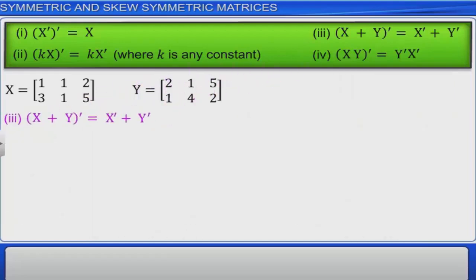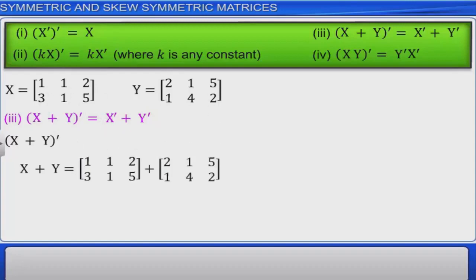The third property states that the transpose of the sum of two matrices is equal to the sum of the transpose of matrices. First, we will find the left-hand side of the relation. The sum of matrices X and Y is as shown. Now, we will take the transpose of the matrix.